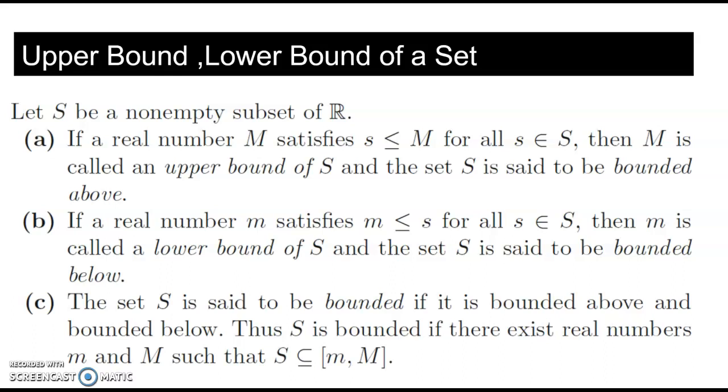If a real number small m satisfies m is less than or equal to s for all s in S, then small m is called a lower bound of S, and the set S is said to be bounded below. A set that is bounded above as well as bounded below is known as a bounded set. Thus S is bounded if there exist real numbers small m and capital M such that S is contained in the closed interval m to M.